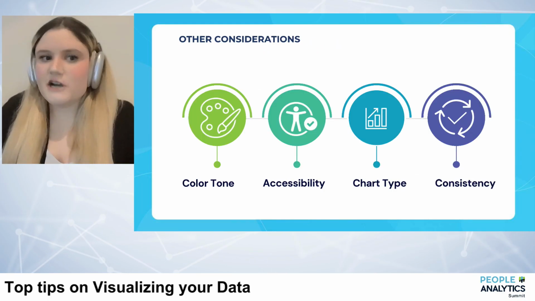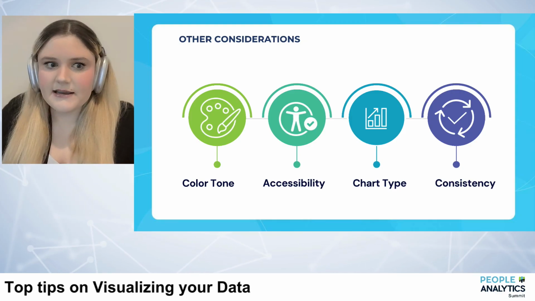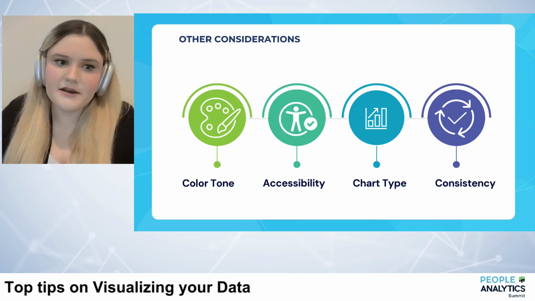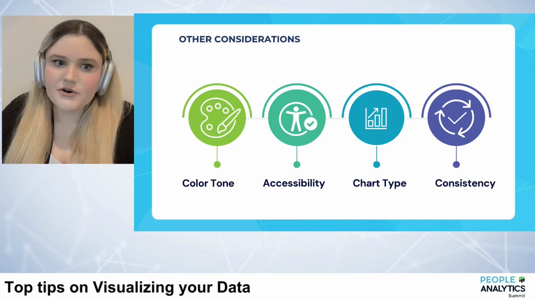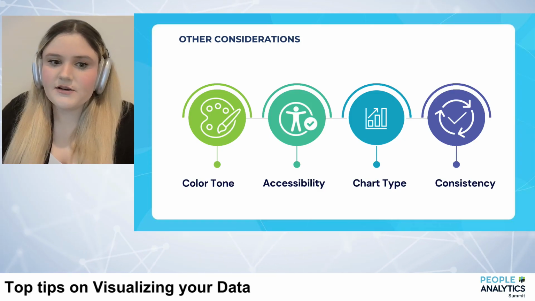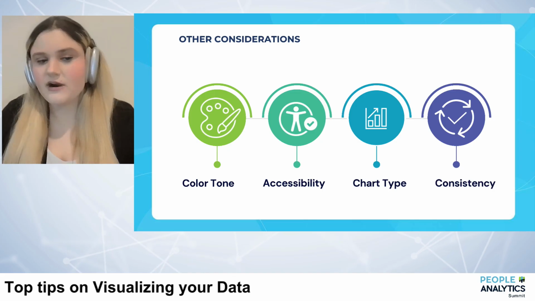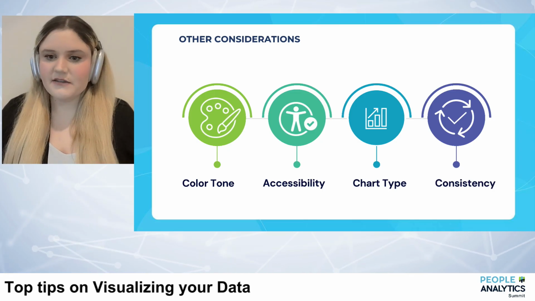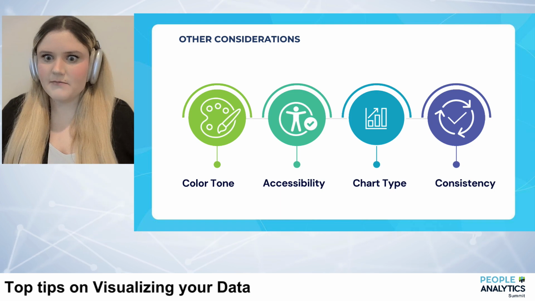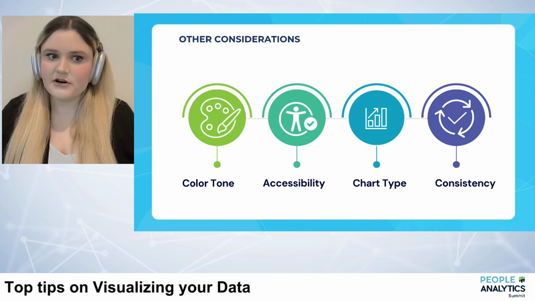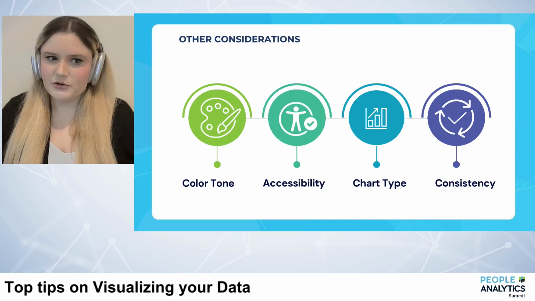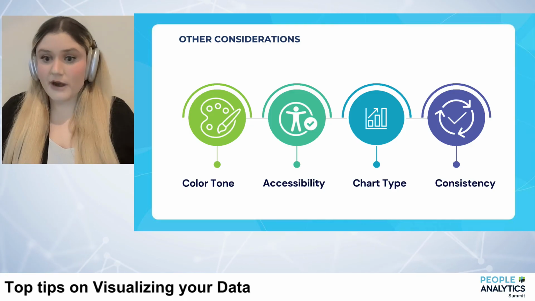A few more considerations that we're not going to get into too much today, but wanted to mention them. First is color tone. You want to use cool tones rather than warm tones. Our brains receive cool tones a lot better. Your messaging will be clearer. Another thing is you never want to use red.